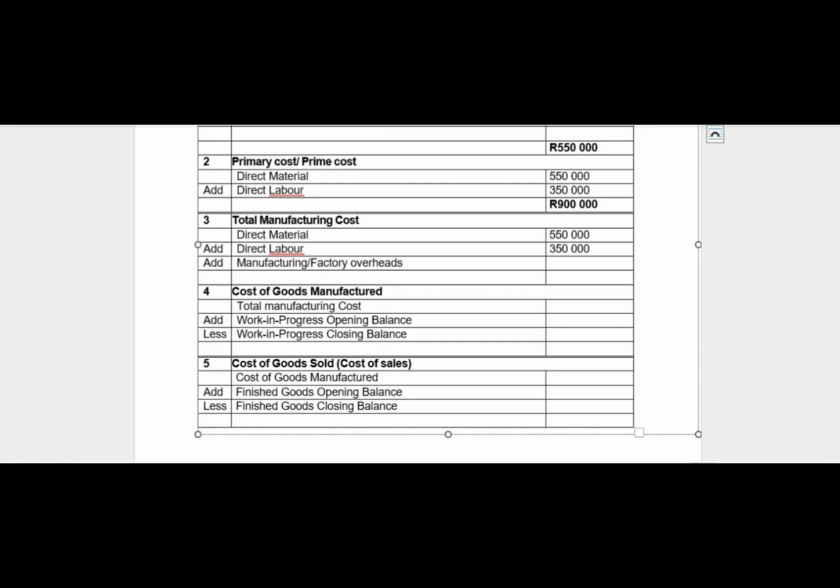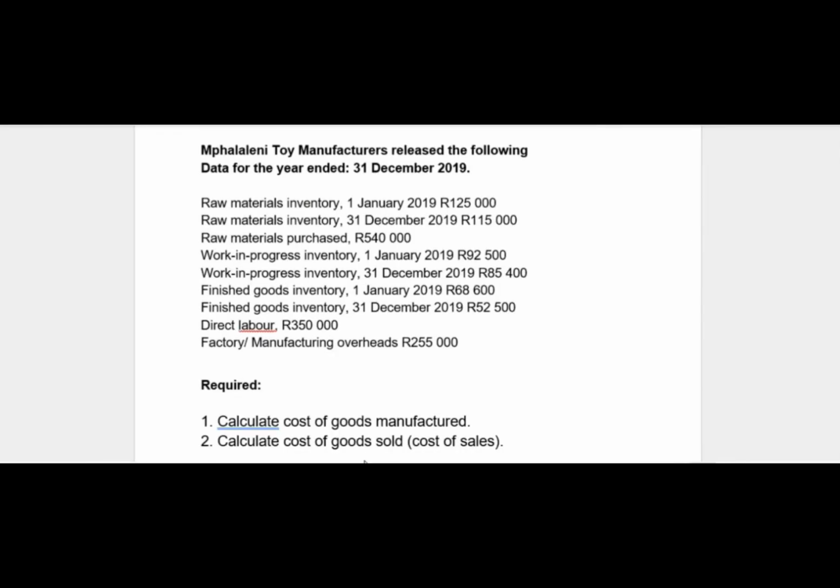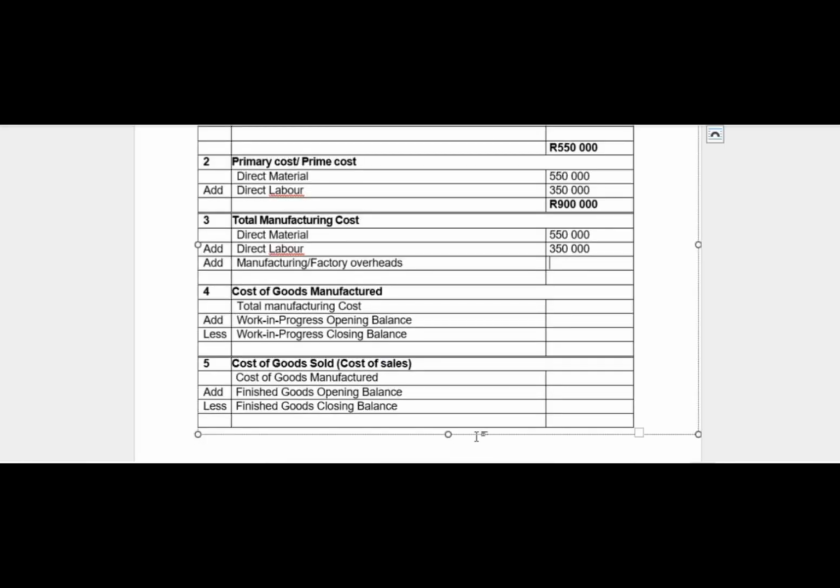And then we add our manufacturing or factory overheads, which is there in our information, and it is 255,000. So let's go to our answer sheet, 255,000. All right, and now we can add everything.